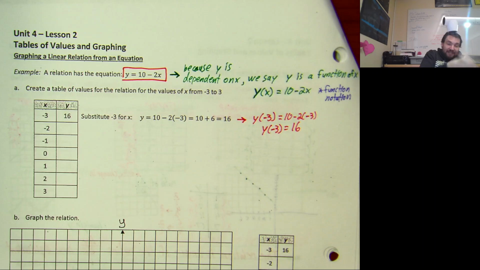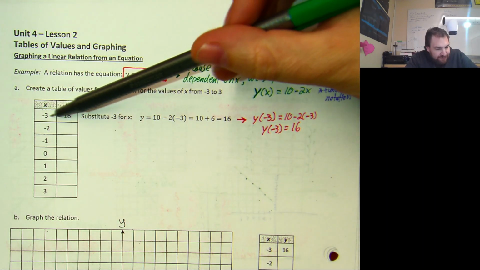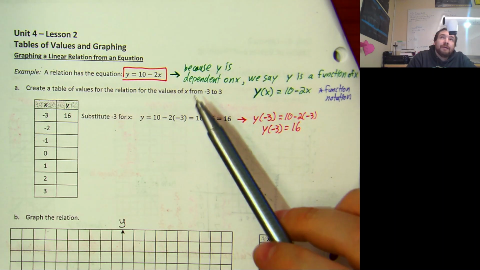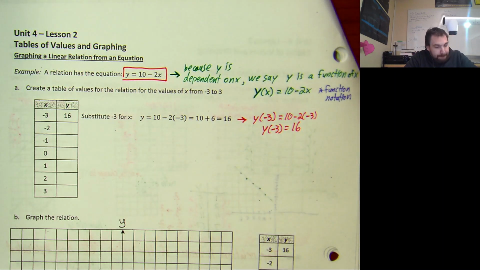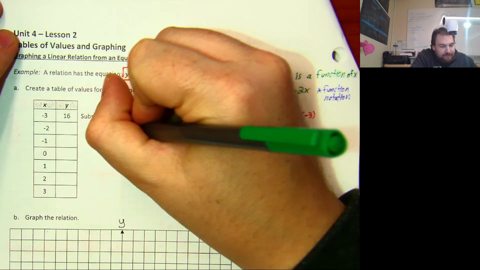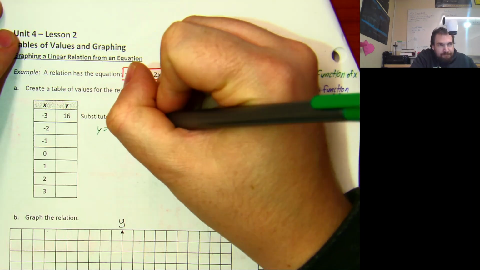So let's fill in the chart. I've got negative 3 and 16. What happens if I take negative 2 and substitute it into my relation here? What do I get? It's going to be 10 plus what? You sure?